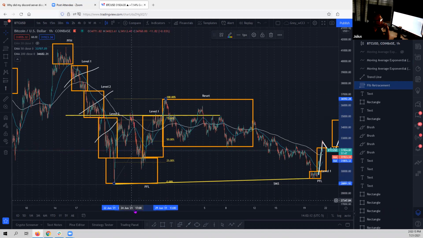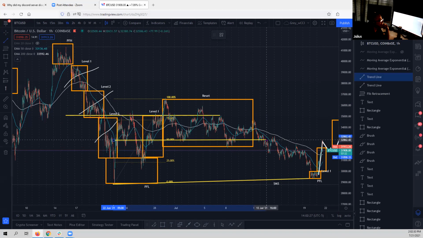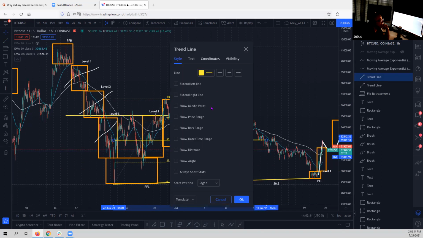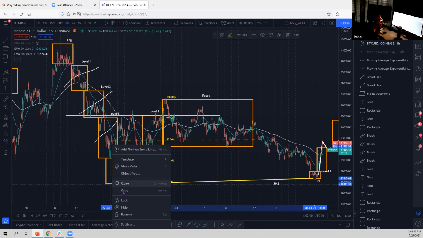So I have my external range fib, which is the peak high, peak low. And then I have my internal range. All right. So this here would indicate my 50 line, and I'm going to mark that. And I'm also going to change this to a dashed line, so that we know that, and then I'll remove this here.